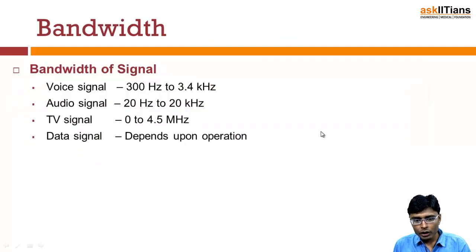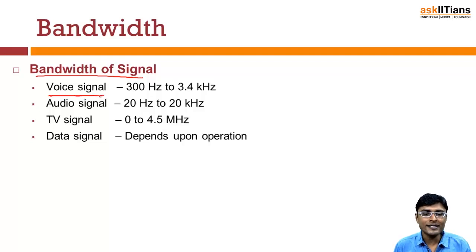Okay. Now let us see bandwidth. What is meant by bandwidth? What is basically the bandwidth of a signal? Bandwidth is a range of frequencies. Let's suppose we take the example of a voice signal. Voice signal basically means, let's suppose I am speaking. If you analyze the frequency range, my voice will contain frequencies lying between 300 hertz to 3.4 kilohertz.